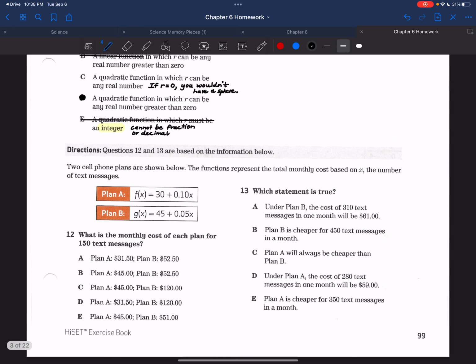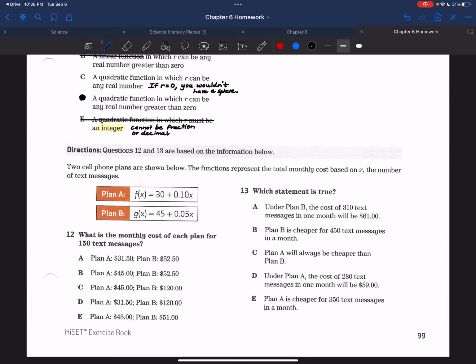Questions 12 and 13 are based on the information below. 2 cell phone plans are shown below. The functions represent the total monthly cost based on x, which is the number of text messages.